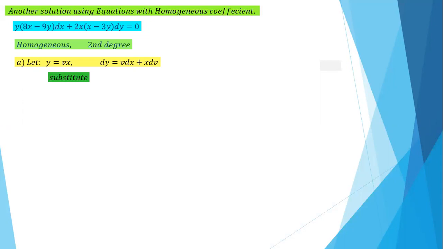Then we substitute y. Then we have vx times the quantity of 8x minus 9vx dx plus 2x times the quantity of x minus 3vx times the quantity of v dx plus x dv equals 0.